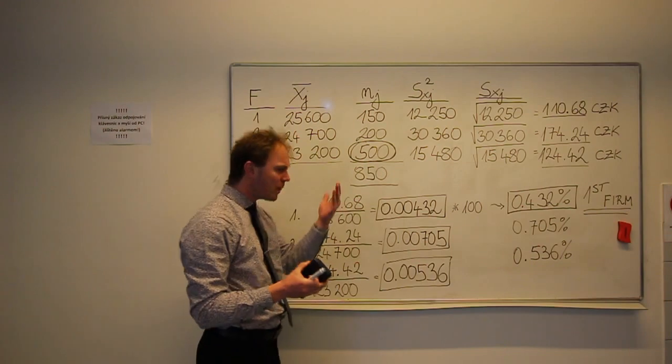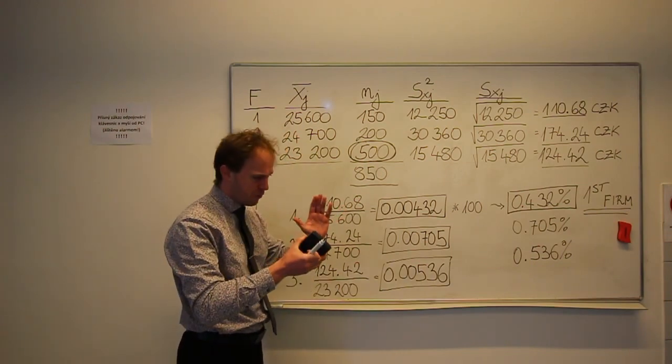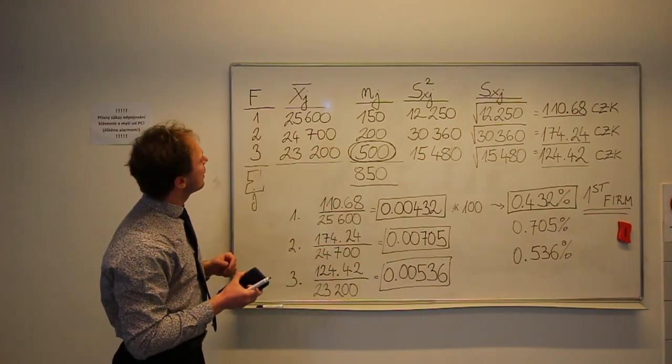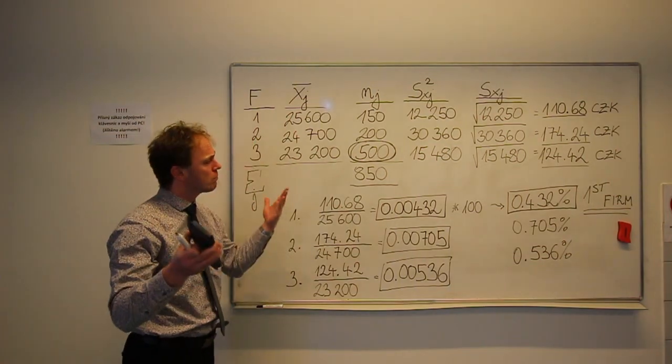So either by absolute or relative measure, the lowest variability is in the first firm. So that's all.